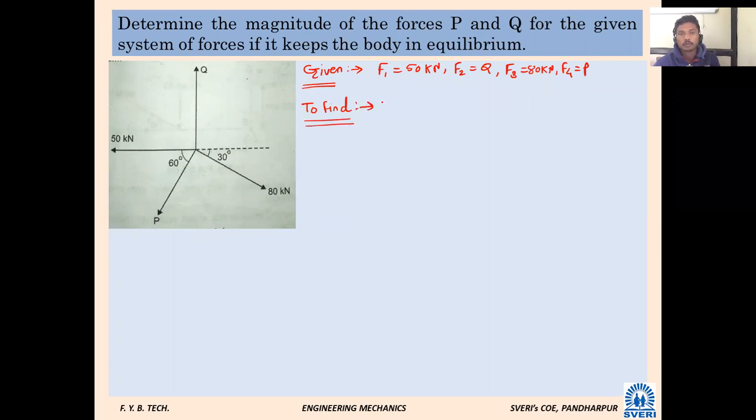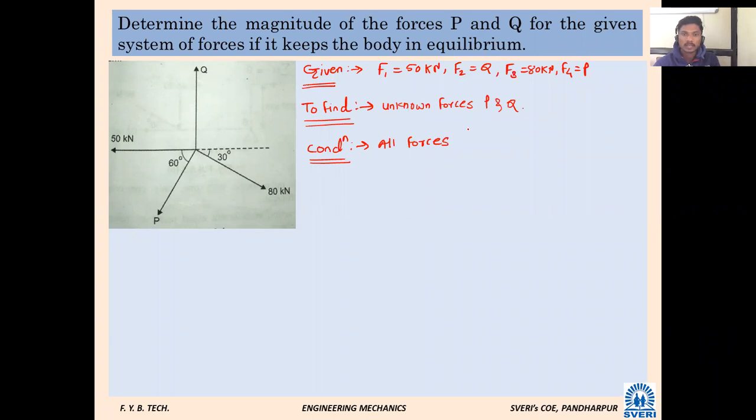To find what we are supposed to find: determine the magnitude of unknown forces P and Q. What is the condition? काय दिले होतं in this problem? Body in equilibrium.